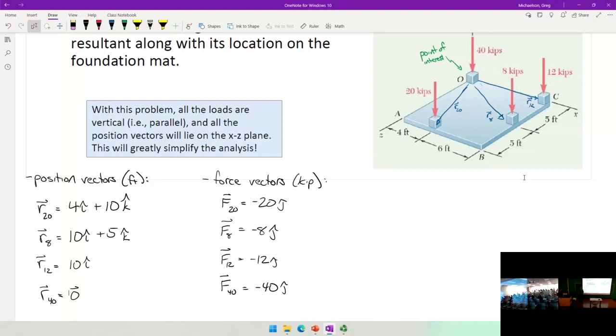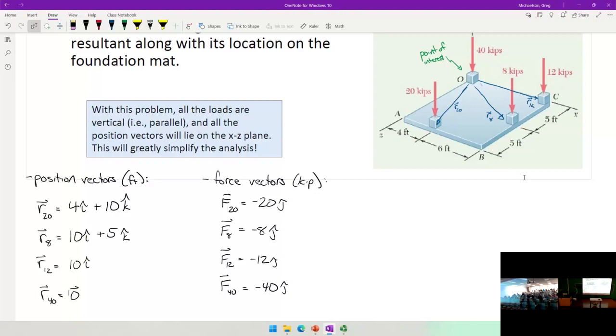So if that 40 kips is going directly through point naught, is it going to want to rotate point naught? No, it's not. That 40 kip load will generate 0 rotation at the origin. That doesn't mean the other forces won't generate rotation. Of course they will, but that one won't. So when we do R cross F for this pair, it's going to be 0. That makes sense because it's going right through the point in question. Everybody okay with that?